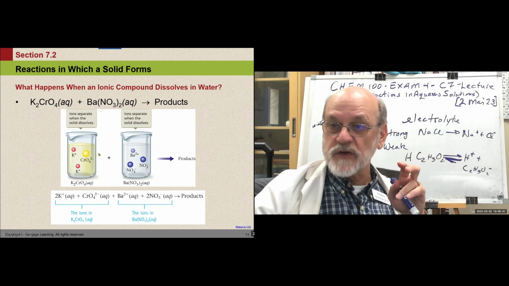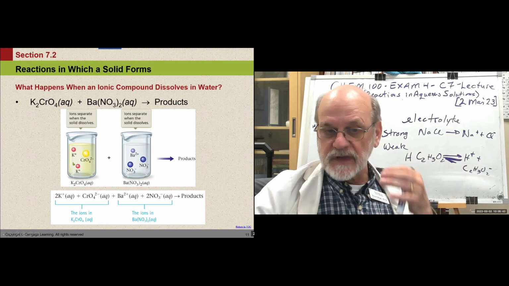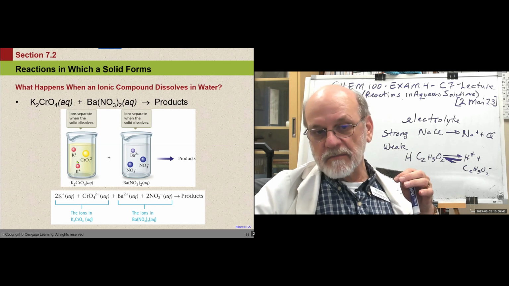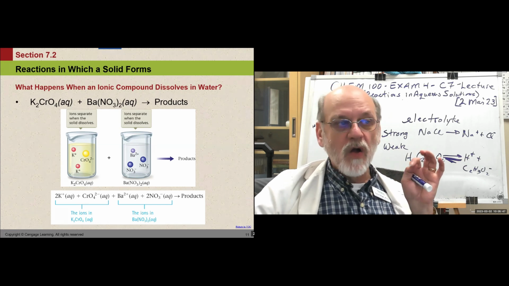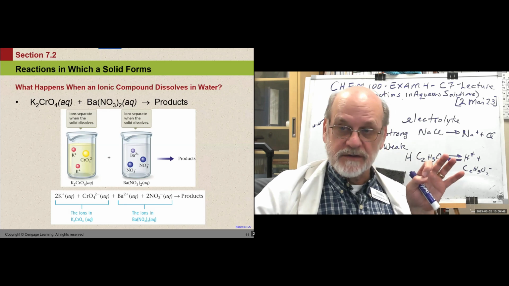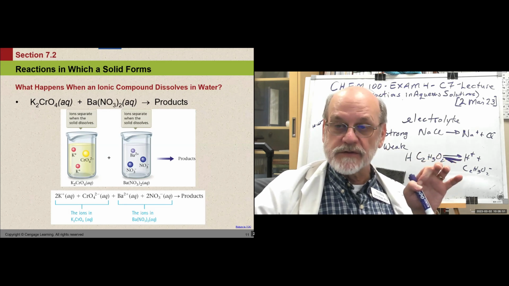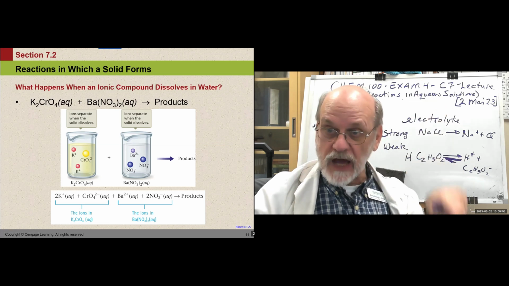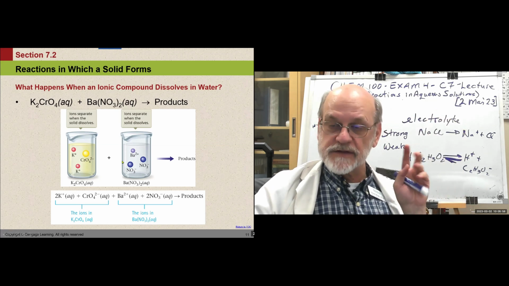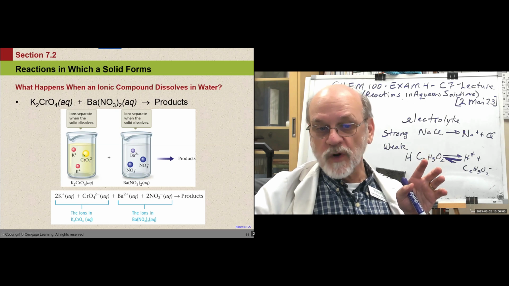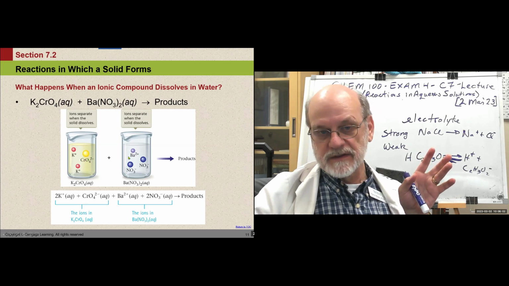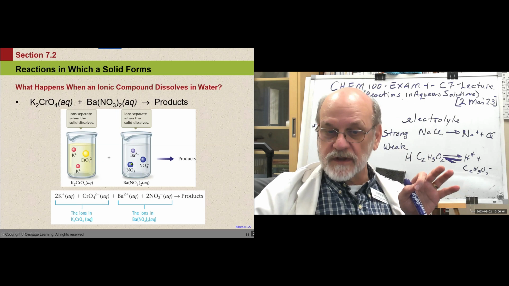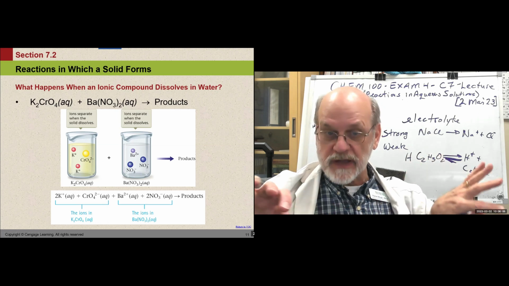So this barium nitrate is in solution. And all alkali metal compounds are also soluble. So this potassium is from that first column in the periodic table. It's an alkali metal, and it forms this compound with chromate ion, and it is soluble. So both of these are soluble when they're separated.